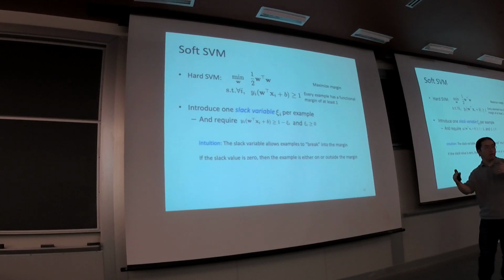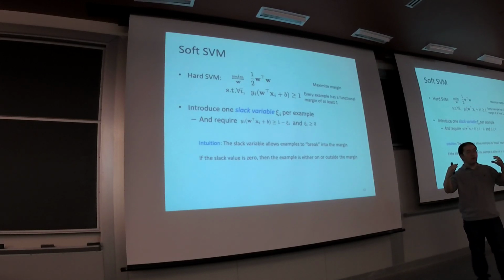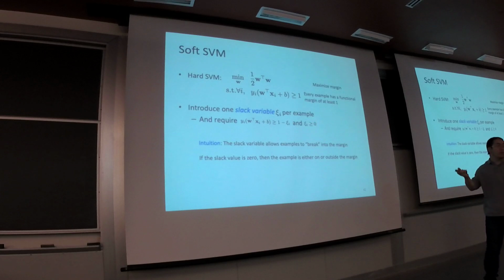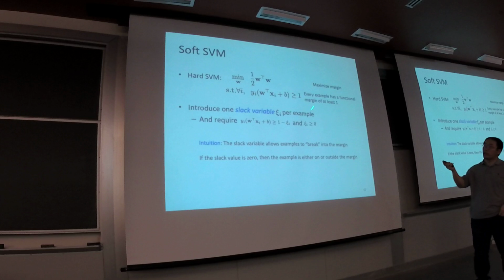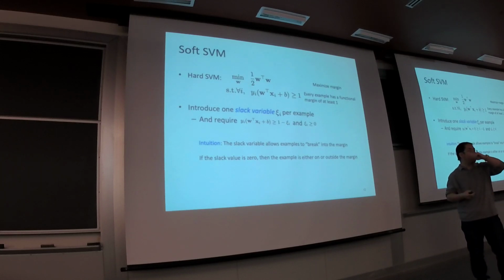That means this particular example x_i may break into the margin. And what if xi is simply 0? Yes, that means it still sticks to the hard constraint, meaning this data point is outside the margin or stays right on the margin.